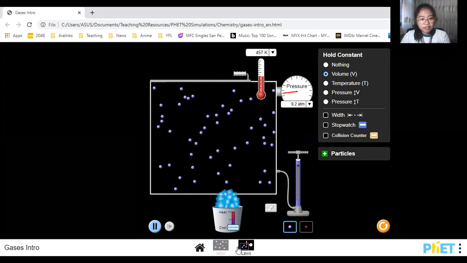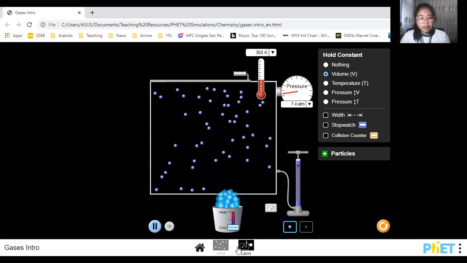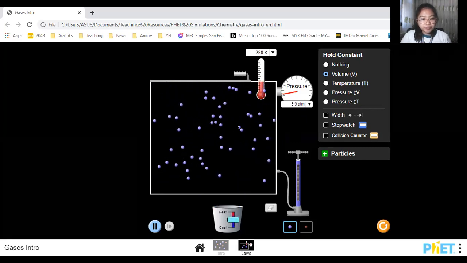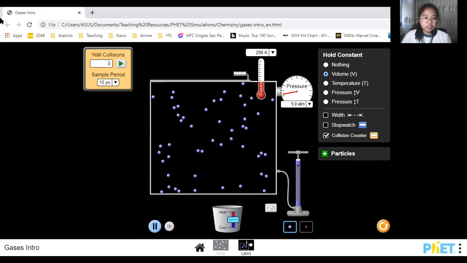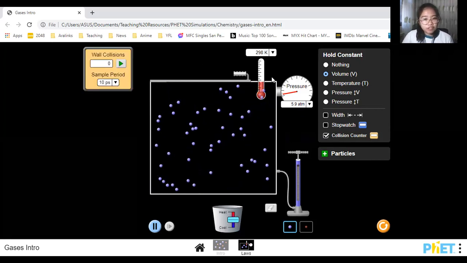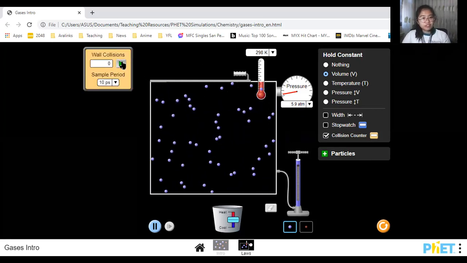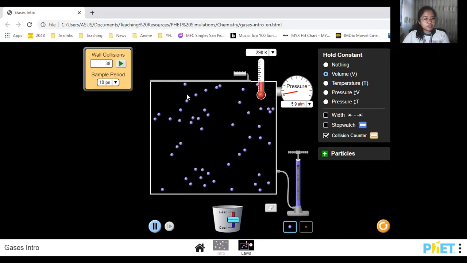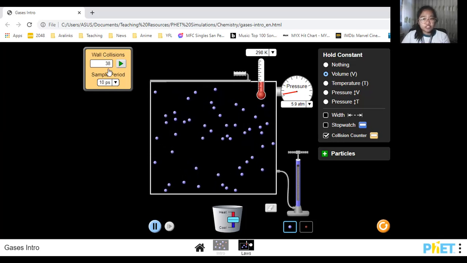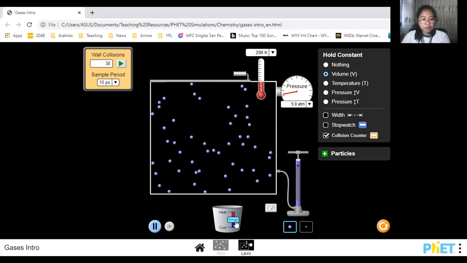Kung pabababain naman natin, bumababa din yung pressure kasi naka-base nga siya sa number of collisions natin. So, at 298 Kelvin, tingnan natin yung number of collisions at 10 picoseconds. We have 38 collisions. So, kaya mas mababa yung pressure.